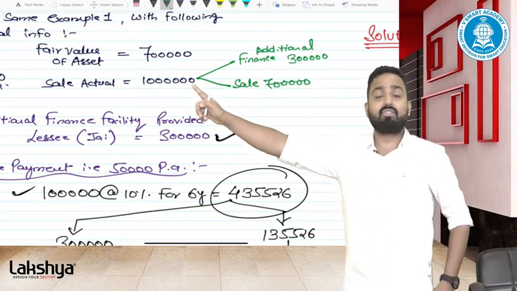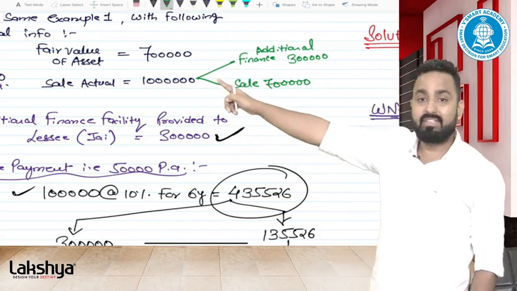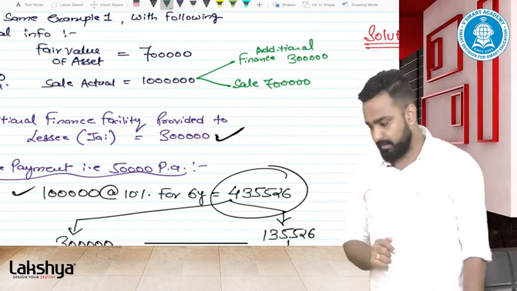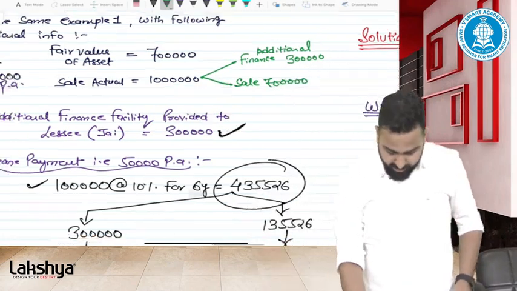So we divide this actual sale into two parts. Additional finance 3 lakh and the sale part is 7 lakh. Guys, understood or not? Okay.